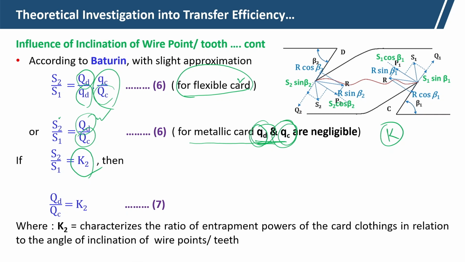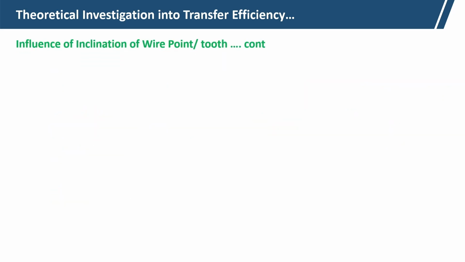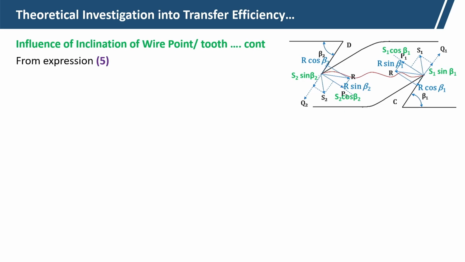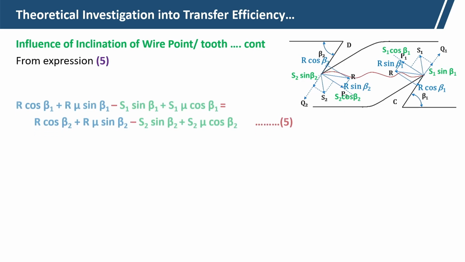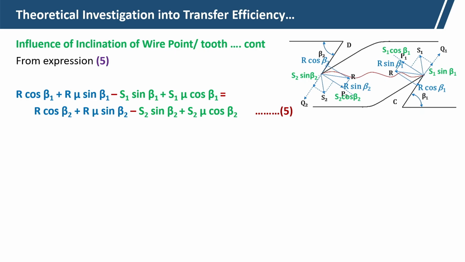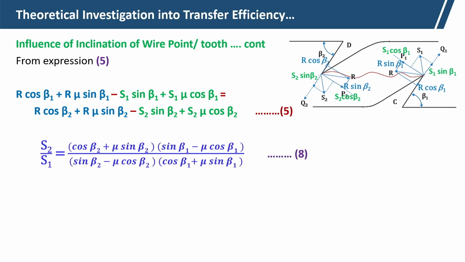So, K2 is the characterization of the ratio of entrapment power of the card clothing in relation to the angle of inclination of the wire point. So, it is based on the angle of inclination. So, from expression 5, what we can get, S2 by S1 we can calculate again, and by rearranging this equation we get the relationship between S2 and S1.